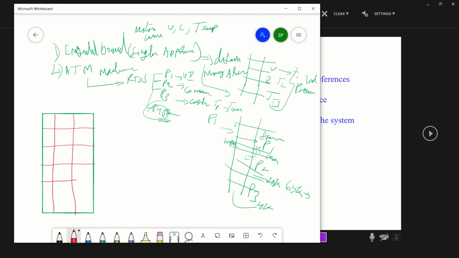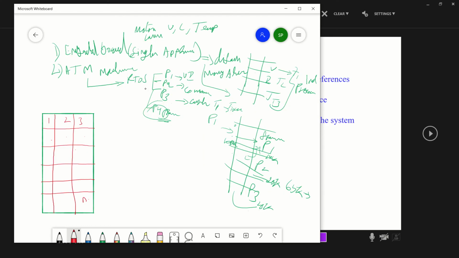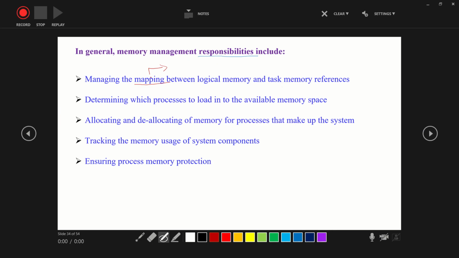I am also going to put the columns, 1, 2, 3 up to m, so many of them. I am also going to ensure allocating and deallocating. That is the mapping. So we are going to arrange the starting address, that is 01, and the ending address is assumed to be 100, right? So this is mapping.